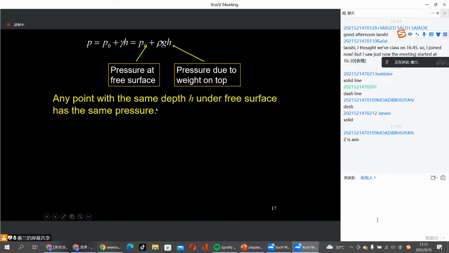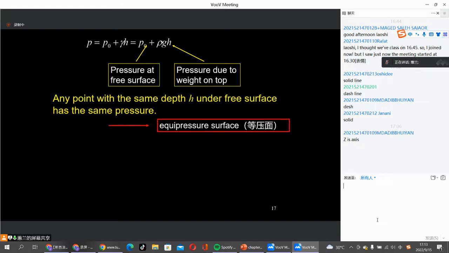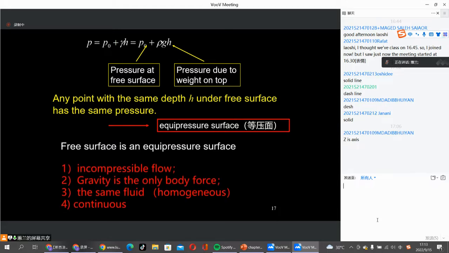From this equation, any point with the same depth h under the free surface has the same pressure. That means it is an equipressure surface. Free surface is for sure an equipressure surface, so equipressure surfaces are always parallel to each other.